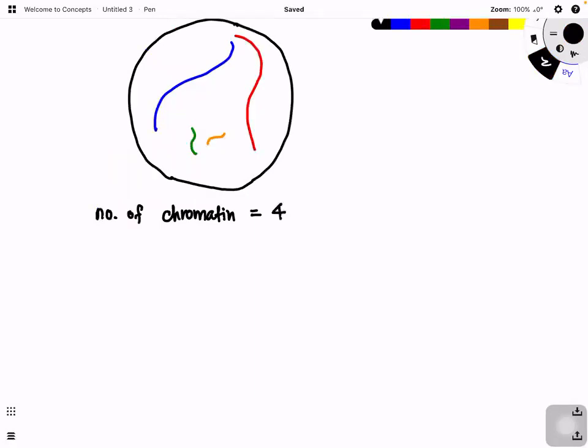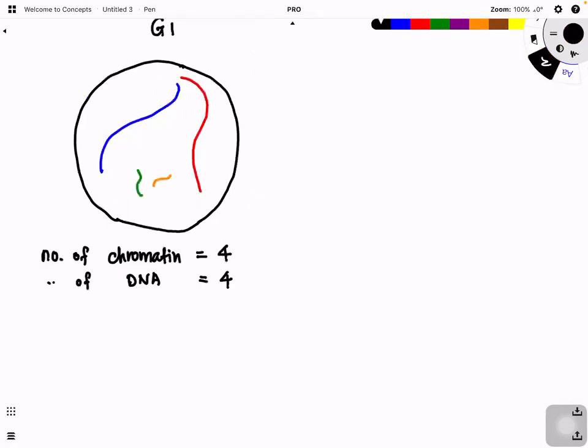Because it hasn't replicated yet, the number of DNA here also equals 4. Each chromatid consists of 1 DNA. So are you clear at this moment? Number of chromatids equal to 4, number of DNA also equal to 4.